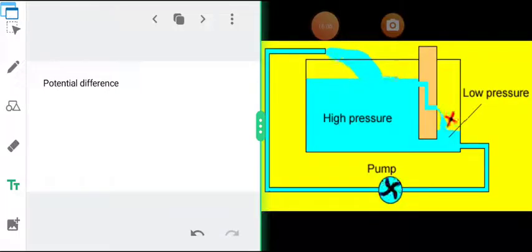By maintaining a difference. Difference of what? Difference in pressure. You can see there is a region of high pressure and then there is a region of low pressure. Using the pump, we can ensure that the pressure difference is maintained, and that pressure difference will maintain the steady flow of water.